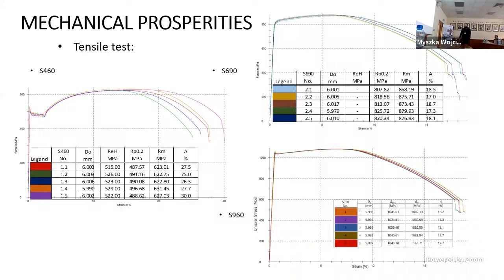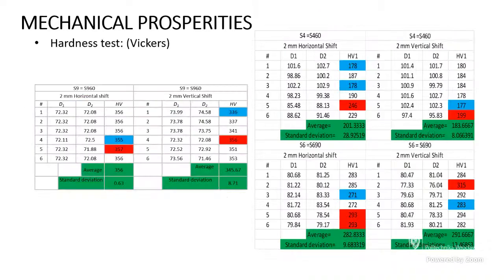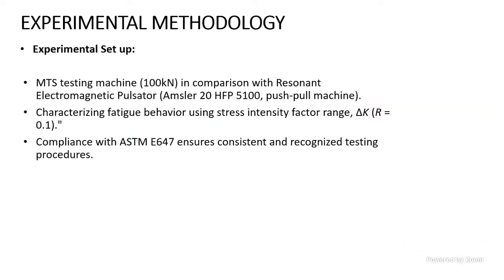In the tensile test, we can see the differences in behavior of each grade of steel: the elongation and the strength with respect to the grade. Similarly for the hardness test, the minimums are in blue, maximums in red, averages and standard deviation in green. We can see some variations between samples of the same grade.